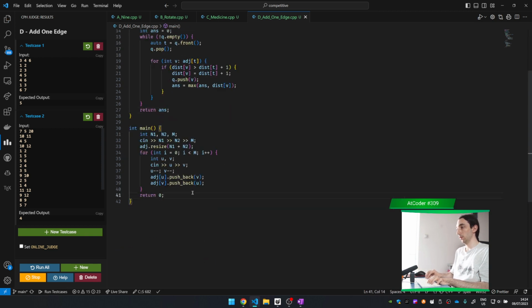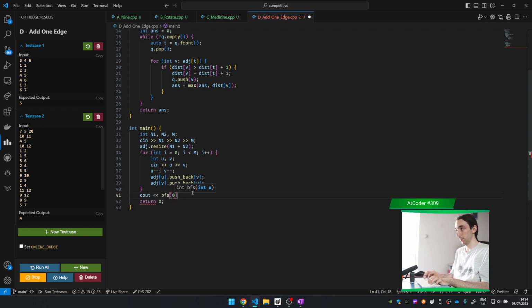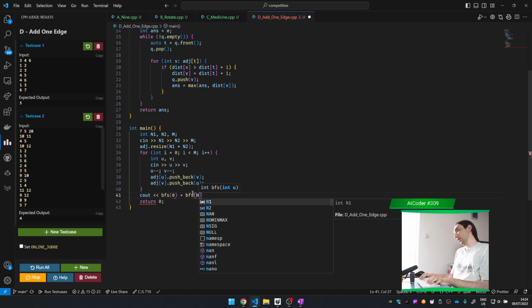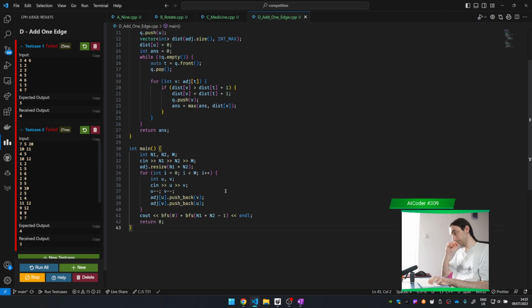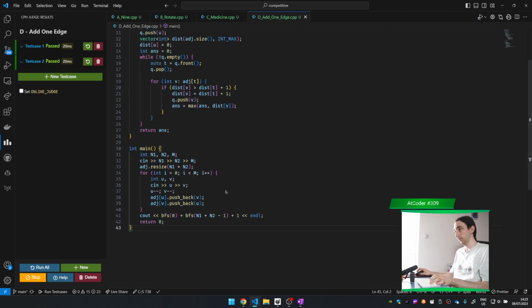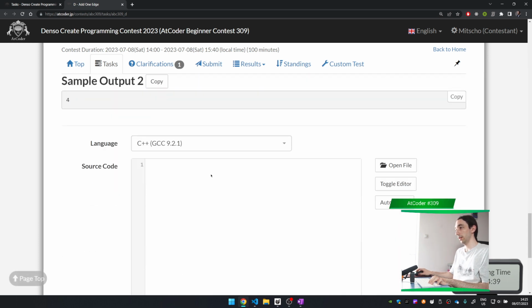And then what we want to find here is just the BFS from 0 plus BFS from n1 plus n2 minus 1. This is like the last component there. And then plus 1 probably because we add an edge between these two. This edge is added.